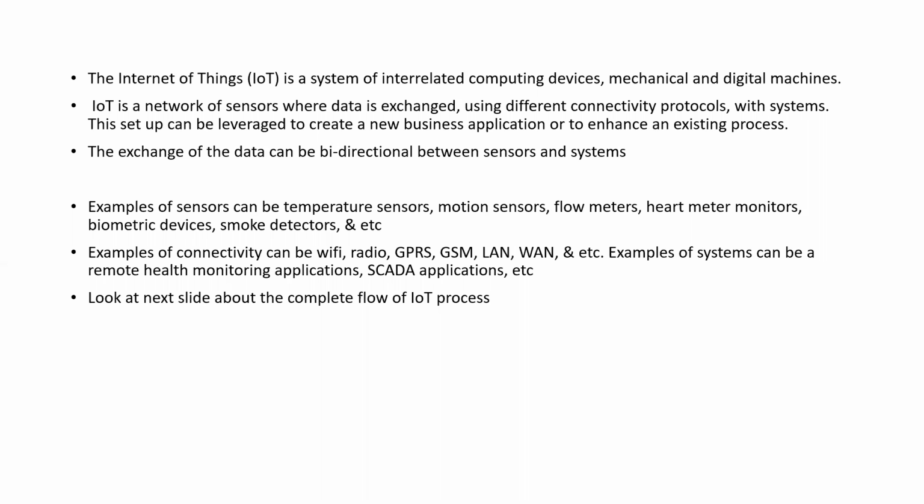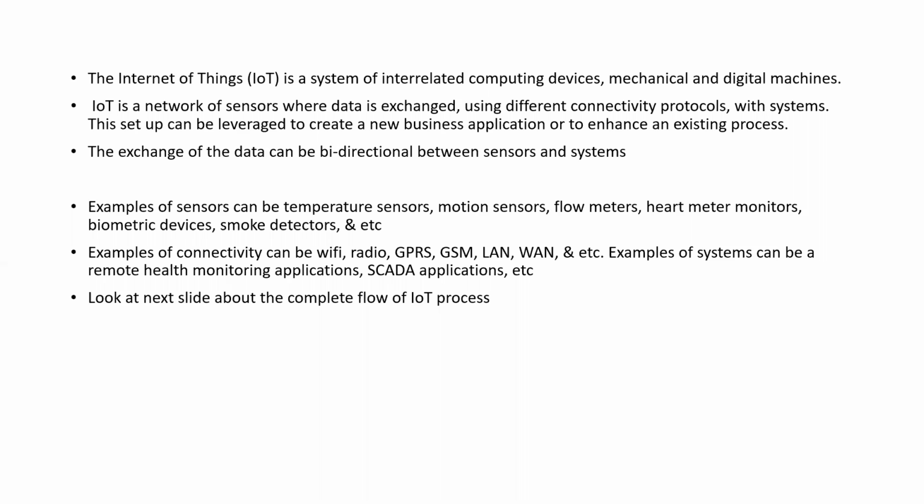The exchange of data can be bidirectional between sensors and systems. It is not one directional, or only one to one, or many to one; it is bidirectional. One way they will get the data, and from the other end they will also receive and pass the data to the first end.